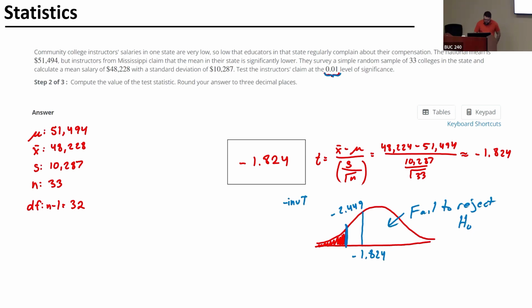So we've got a mean of 51,494. We've got an X bar of 48,228. Put in all your information. Be very careful, you'll mess up like I usually do. Then hit calculate. What is nice is it does give you T values. It gives you all kinds of stuff. It gives you that P value.